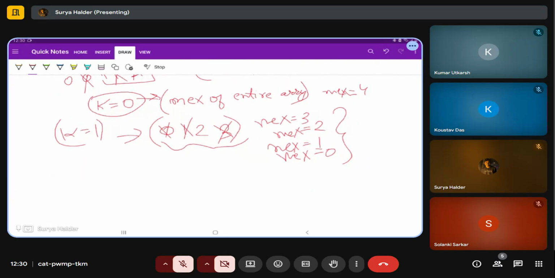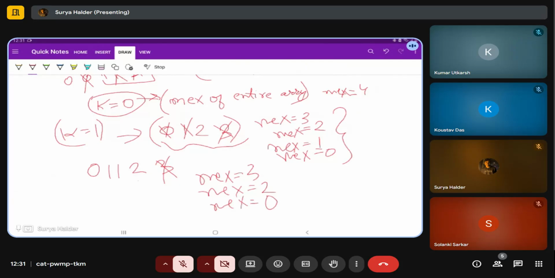Can you observe this? Suppose 1 was present 2 times. So if I remove 3, then obviously my max is 3. If I remove 2, then my max is 2. But if I remove 1, then still my max is 2. And if I remove 0, then my max is 0.